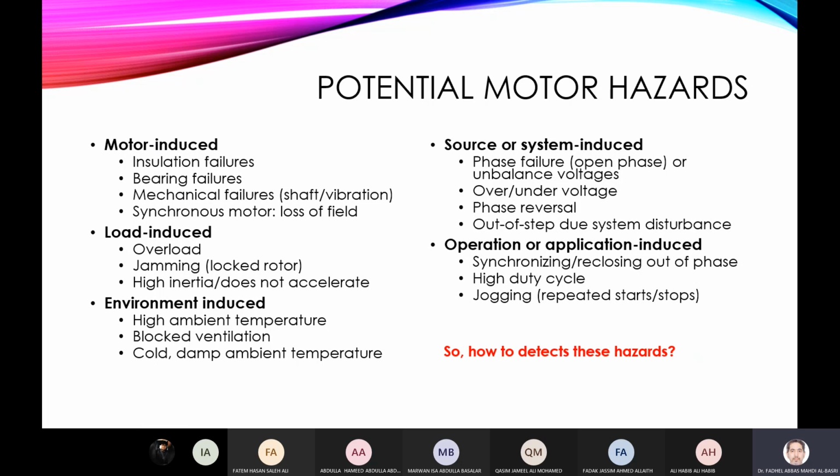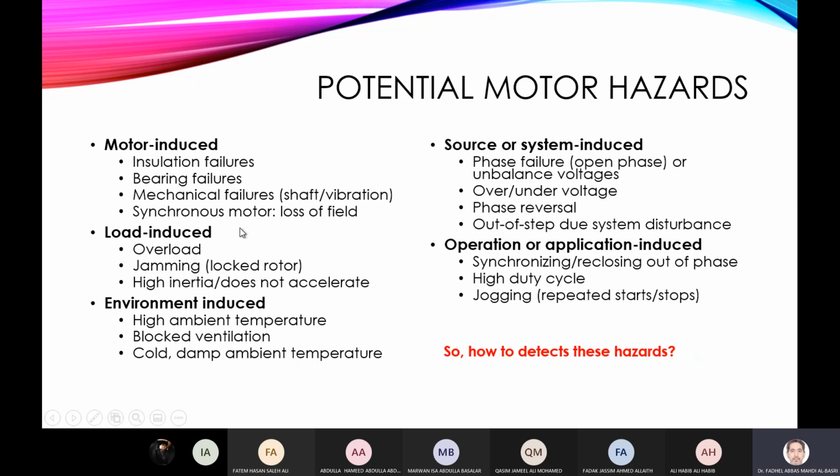We have also bearing failures. We have mechanical failures like shaft or damage due to vibration. Sometimes we have also vibration monitoring devices that will trip the motor when the vibration exceeds a limit.